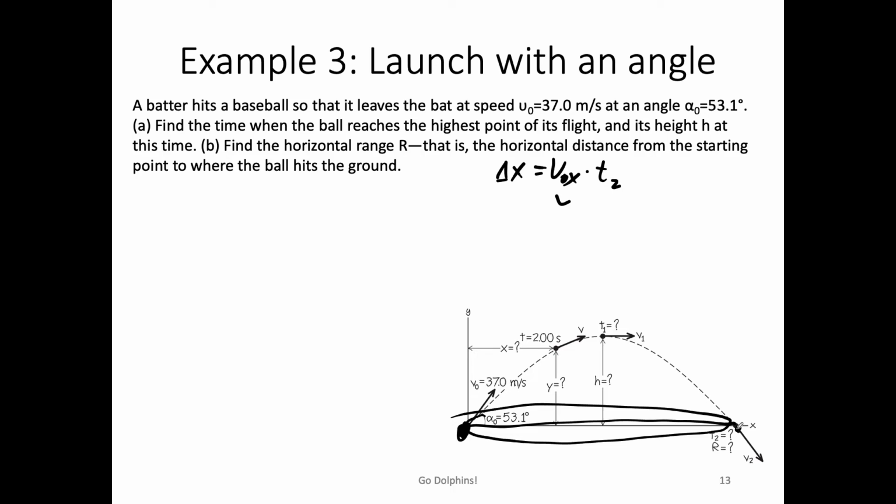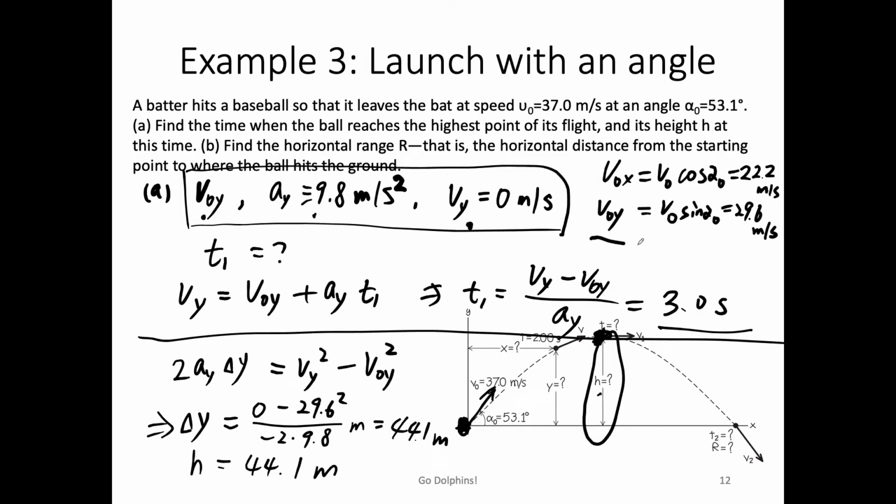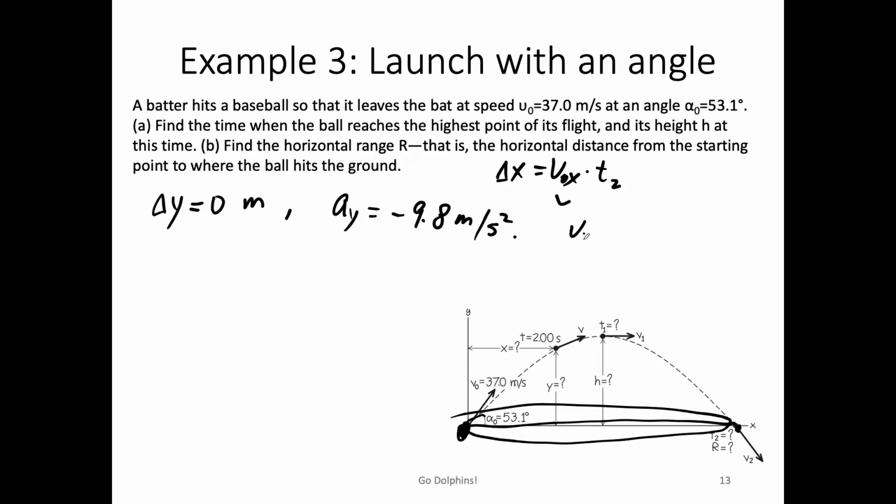For flying from here to here in the y direction, we know the displacement in y, which is 0 meters. We know the acceleration in y is always negative 9.8 meters per second squared. And we know the initial velocity in the y direction.